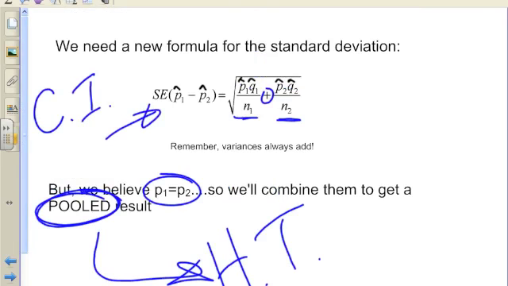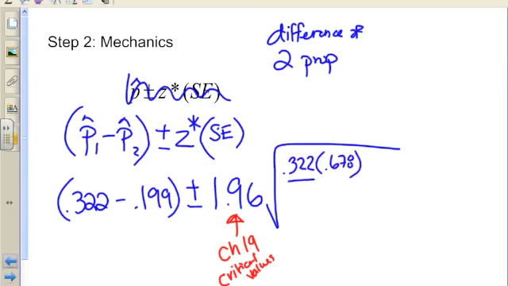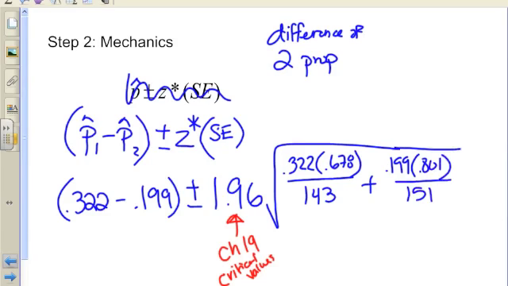So it's p hat 1, q hat 1 over n1 plus p hat 2, q hat 2 over n2. That's what I'm going to use here for my standard error. So it's the square root, let's not forget the square root, of p hat 1 q hat 1 over n1 plus p hat 2 q hat 2 over n2.